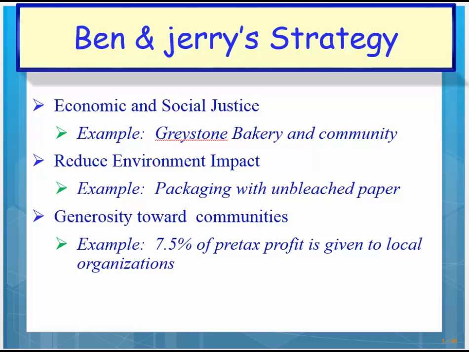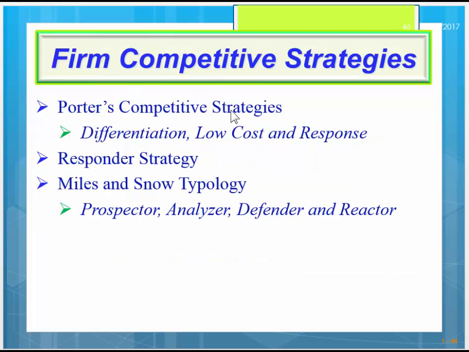Now from there, we're going to move on and talk about some different competitive strategies. So now we're going to take this word strategy and talk more specifically about different types of competitive strategies, which is a slight change from where we are right now. Basically, there are three major strategic typologies or competitive strategies.